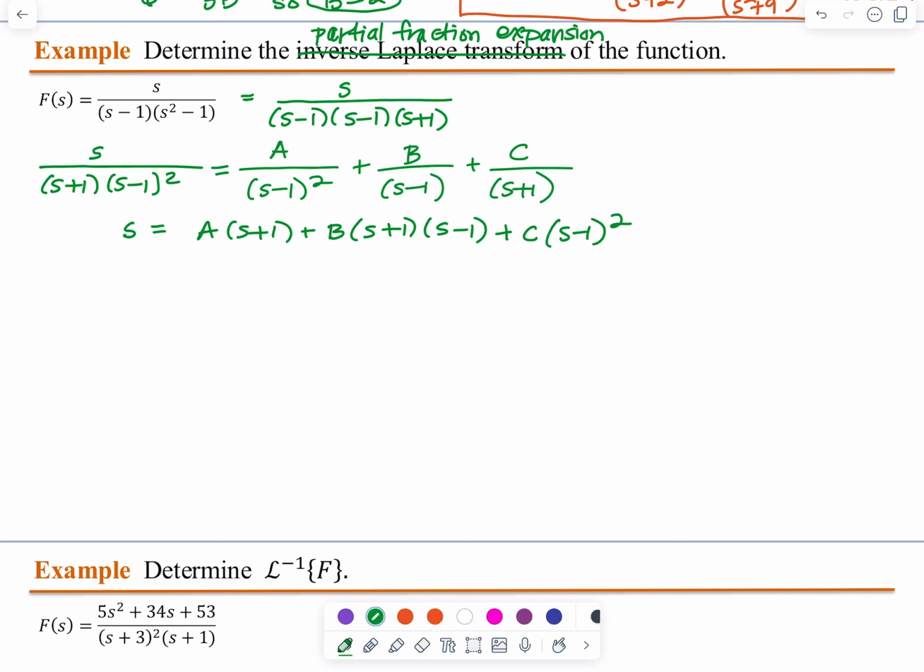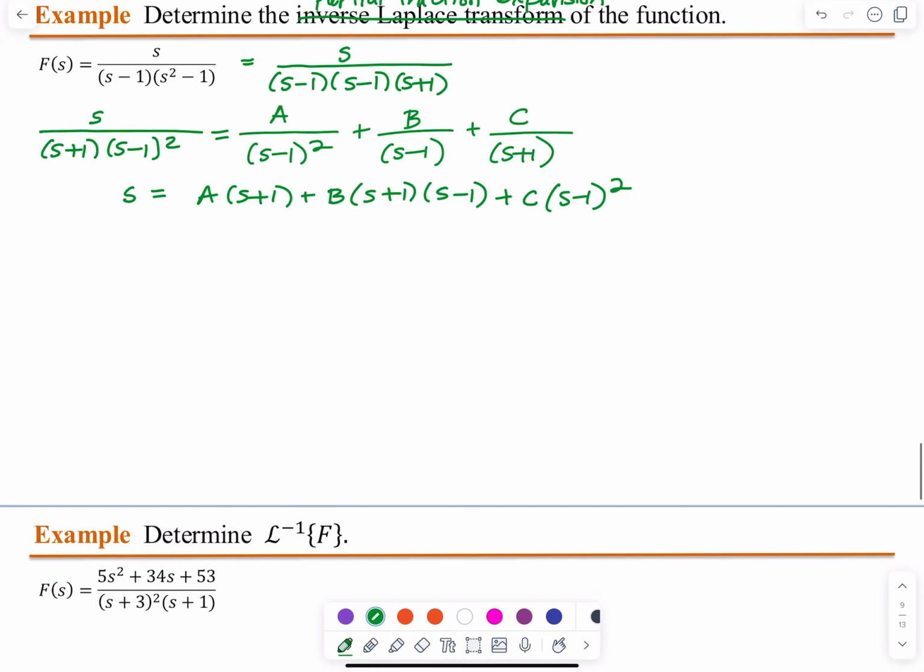And we could go ahead and write s squared minus 1 if we want, but I kind of like it like that. Okay, so now let's go ahead and let s equal 1. And so if s equals 1, we get 1 equal to, and let's go ahead and try to keep this a little simpler this time. We lose this term, so we get 2a, and we also lose this term. So we see that a is equal to 1/2.